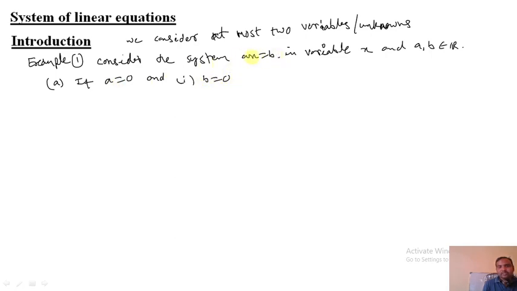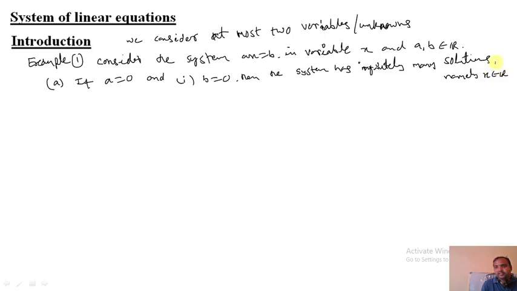Then every x is a solution. Every x is a real number, so the system has infinitely many solutions, namely x belongs to R. Every real number is a solution.